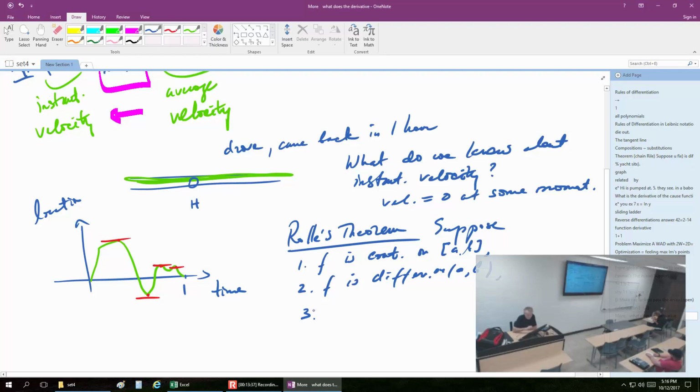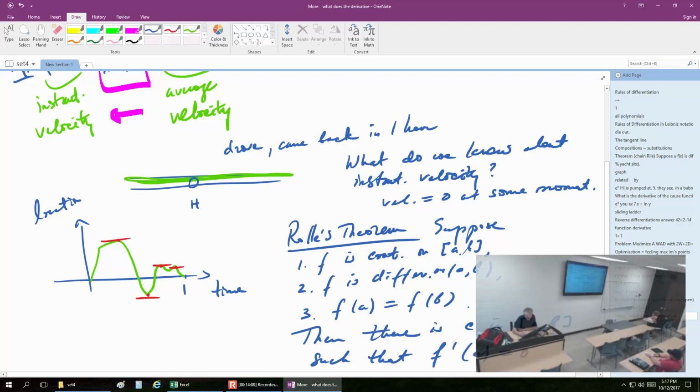Well, same with continuity. The point is that we do not have to say anything about differentiability at the endpoint. And then we know that the beginning and the end, just like over there on the picture, is the same. Then there is a C in AB such that f prime of C is equal to 0. The picture captures that idea perfectly.